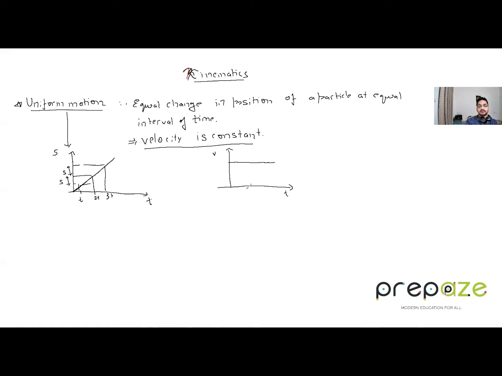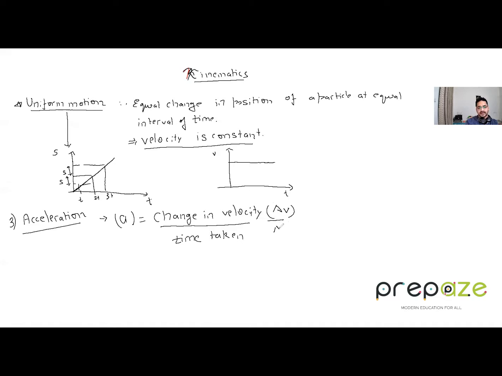Now suppose the motion is not uniform. Then we need to introduce one more term, which is known as acceleration. So the third important quantity in this topic is acceleration. What is acceleration? We define it by the letter a, which is equal to the change in velocity over the time taken, that is, delta v over delta t.